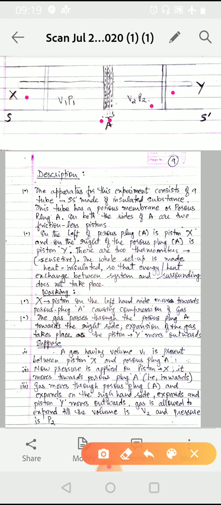Suppose a gas having volume V1 is present between piston X and porous plug A, and this moves towards porous plug A. So the gas moves through porous plug A and expands on the right hand side, and piston Y moves outwards. The gas is allowed to expand till the volume is V2 and pressure is P2, and in the origin the volume is V1 and pressure P1.